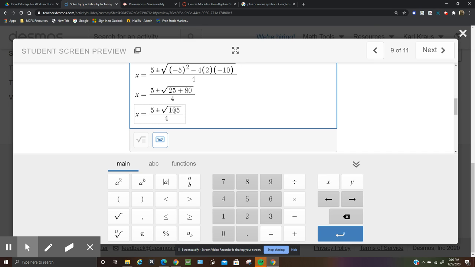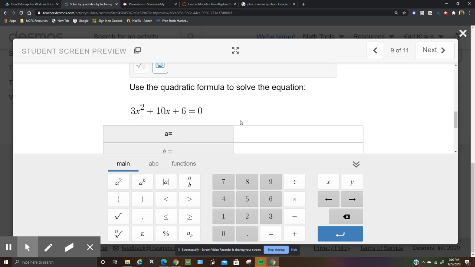Just leave the answer like this instead of getting the decimal approximation. You just leave it like that.